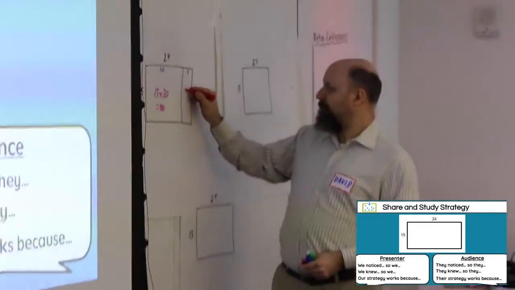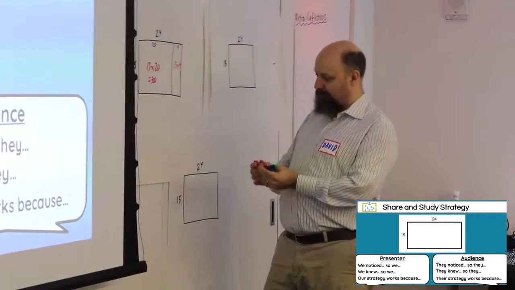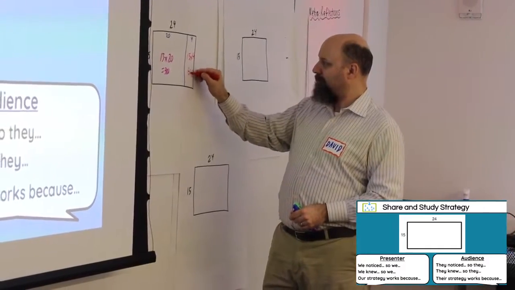Get like 2 rectangles. And 15 times 20 gave them 300 for that rectangle. And then they did 15 times 4, which is 60. And they added together the 300 and the 60 to get the total.